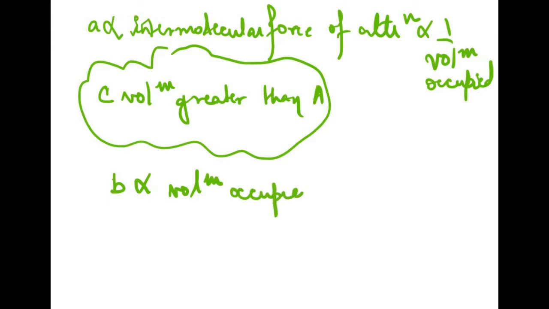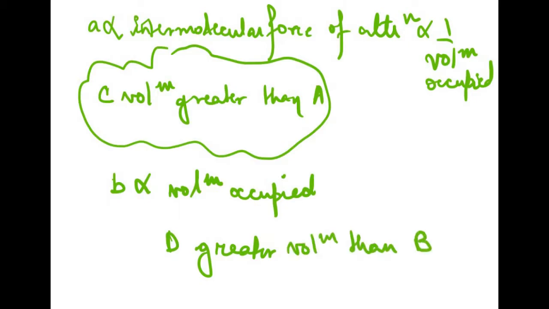The value of b for gas d is greater than that of gas b, so d will have a greater volume than gas b. That matches option number c. Right? So that's the answer.